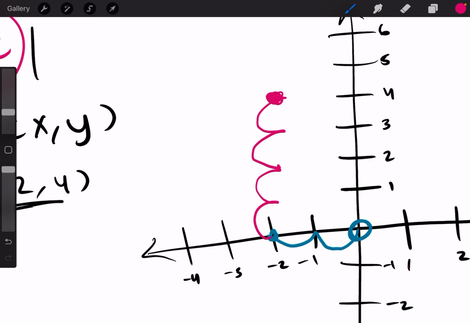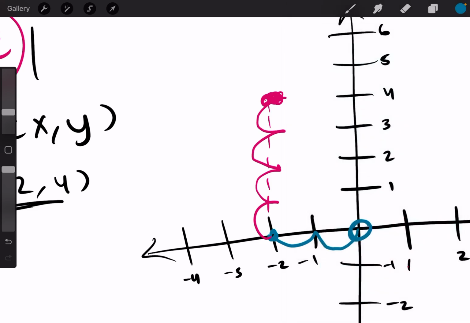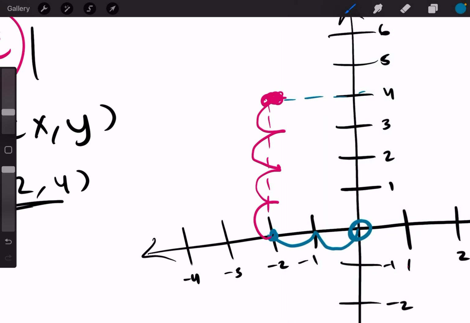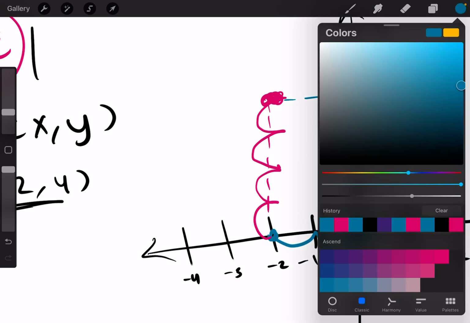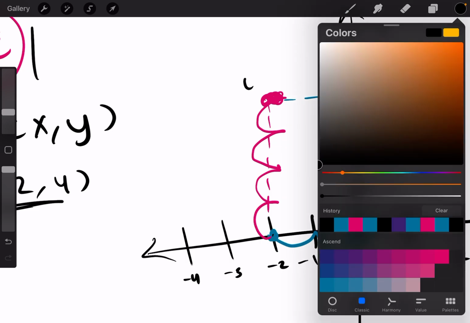Let me go draw a little bit more. It's a terrible visual, but I'm sorry. Anyways, let me just draw this, and this is what it looks like. So we've drawn our point, which is -2, 4 here.